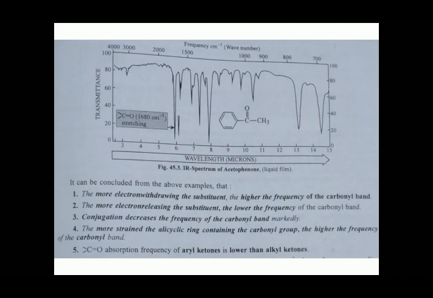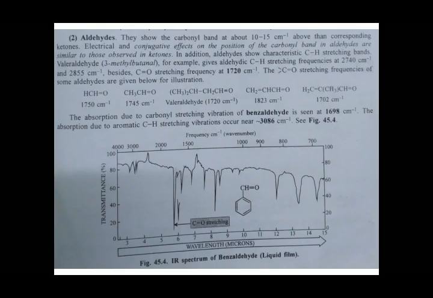Next is the frequency range of aldehydes. Aldehydes also contain a carbonyl group, so they show a carbonyl band at about 10 to 15 cm inverse higher than the ketones. Conjugation decreases the frequency of the carbonyl band in aldehydes also. And aldehydes show characteristic C-H stretching bands.